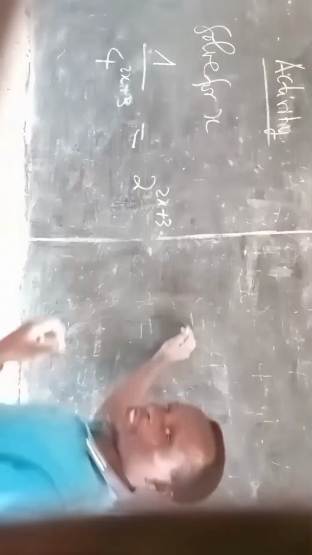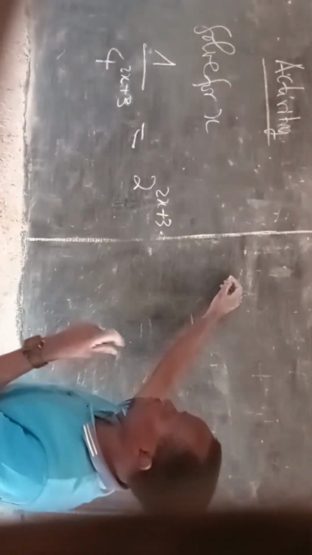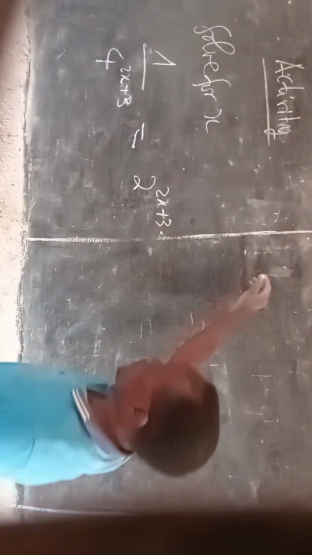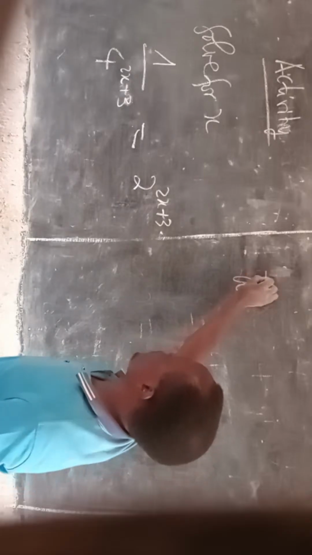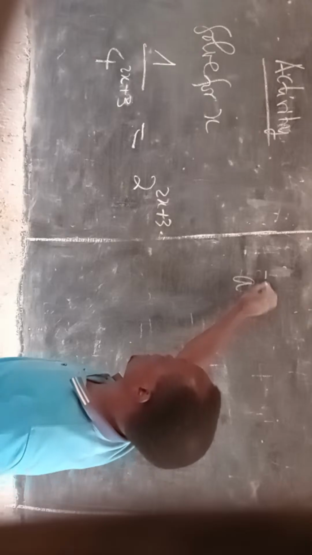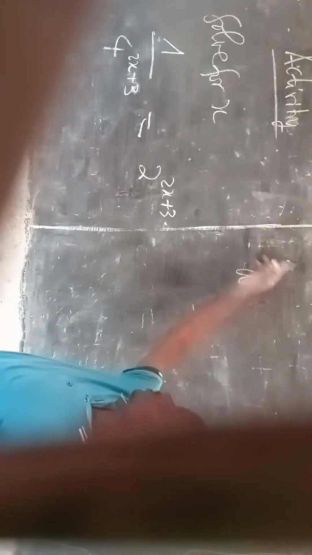Now let us continue. Before doing this question, I am going to remind you of some properties of exponentials. If you are given, for example, a power minus x, how should we change this into a positive exponent, or into a reciprocal?